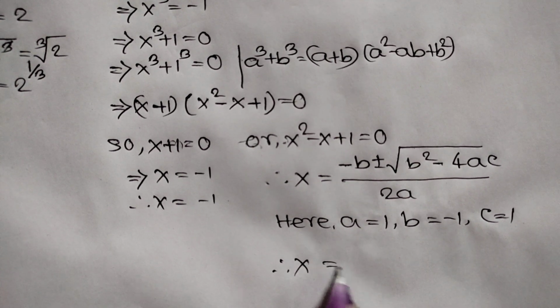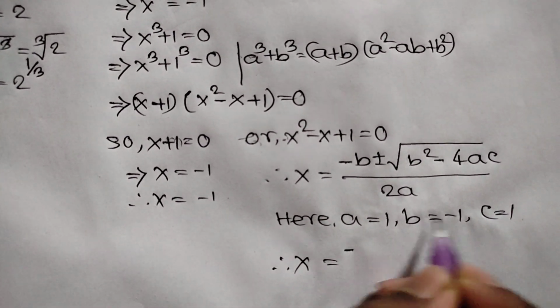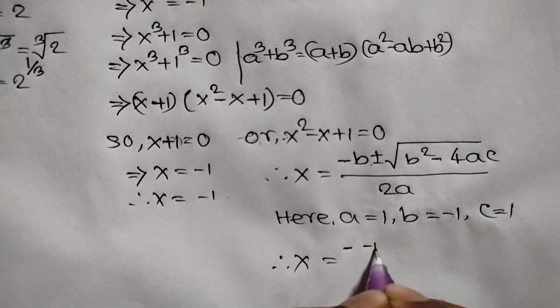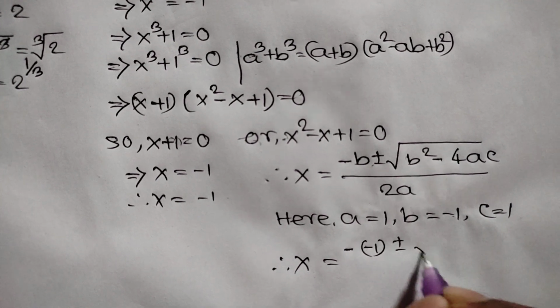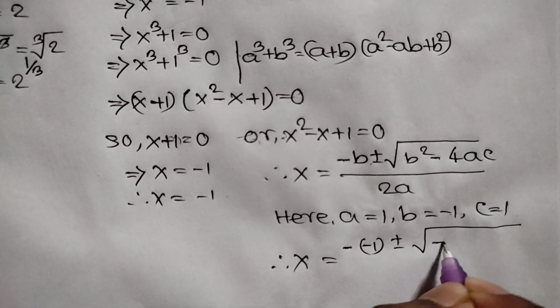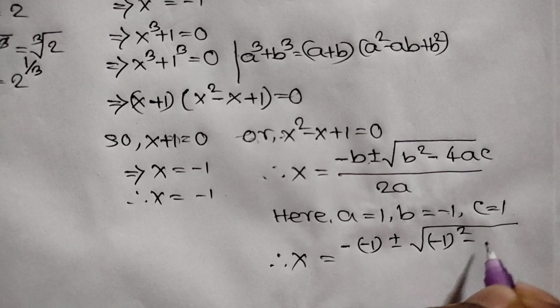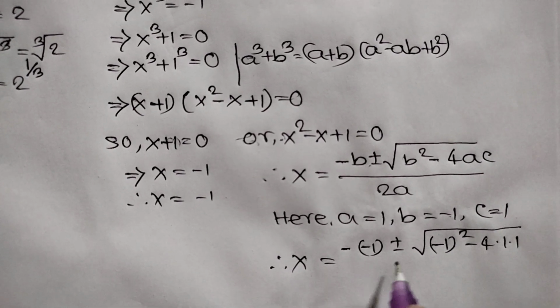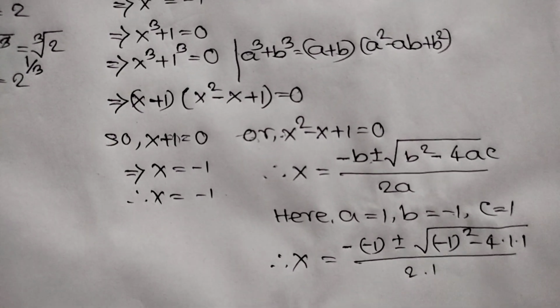So x is equal to negative b, which is negative of negative 1, so we write 1 plus or minus the square root of negative 1 square minus 4 times 1, over 2 times 1.